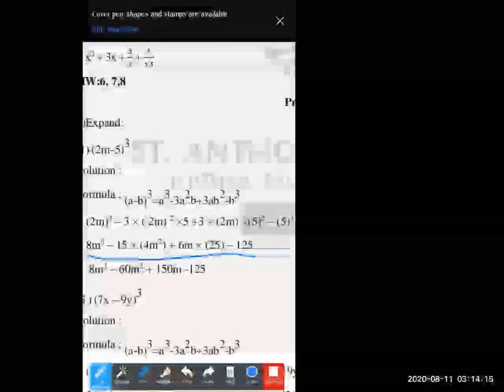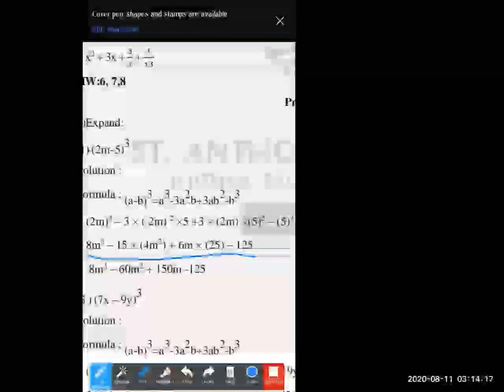Now plus as it is. Now 5 square becomes 25 and 3 into 2 becomes 6, so here it is 6m into 25, minus 5 cube. 5 into 5 into 5: 5 5 is 25, 25 into 5 is 125.